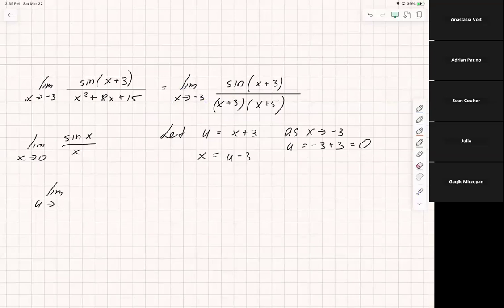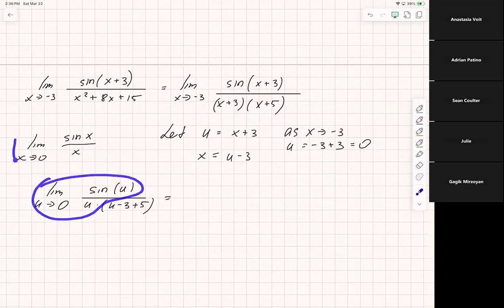So we have here a limit as u approaches 0 of sin u over u times 1 over (u - 3 + 5). As you can see, this is exactly what we have here, just with another variable, u instead of x. So this whole expression is just 1.